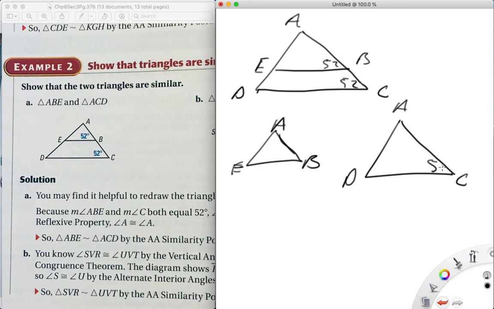There's a 52 here. There's a 52 here. They both share the same angle A. And since they both share the same angle, this guy and this guy are congruent. So now we have at least two angles that are congruent, so we can say that these two triangles are similar because of angle, angle.